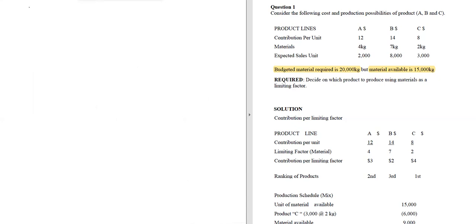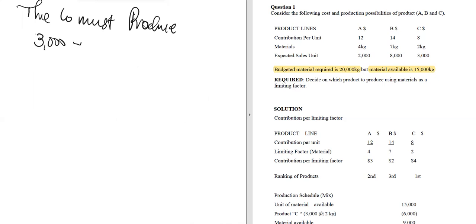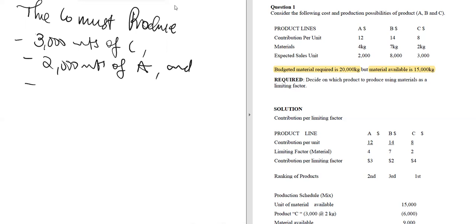I'm going to say the company must produce 3,000 units of C, 2,000 units of A, and 142 units of B to maximize profit.